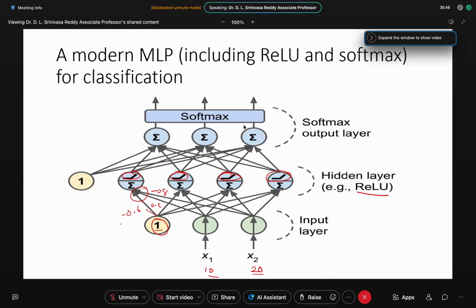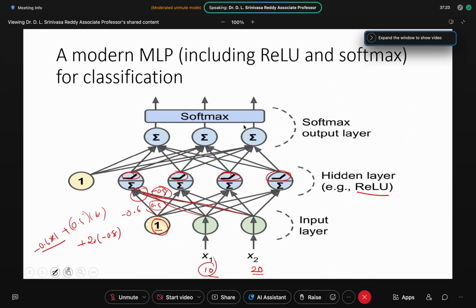So 1 into minus 0.6, plus 0.5 into 10, plus this input 20, which carries forward to this neuron in the hidden layer by multiplying with its parameter. So it is 20 into minus 0.8.